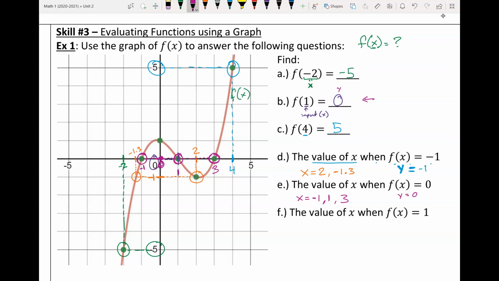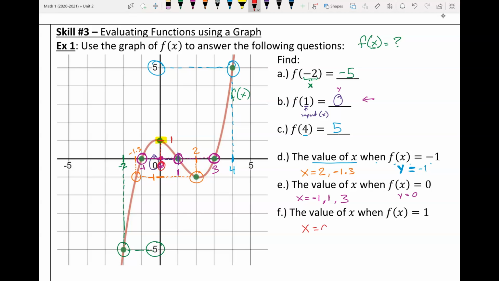All right, let's go ahead and do the last one, and then that last problem will be for you to practice. So this one, what is the value of x when f of x is equal to positive 1? Let's go ahead and go up to positive 1. Here's positive 1 on my y-axis. So we already have a nice point there. And so I can say, well, at positive 1, we definitely have an x value of 0.